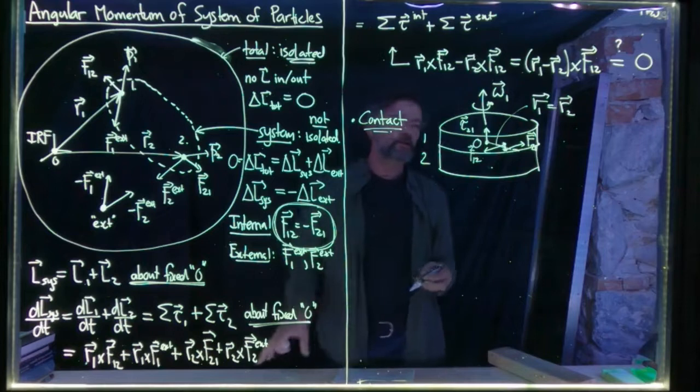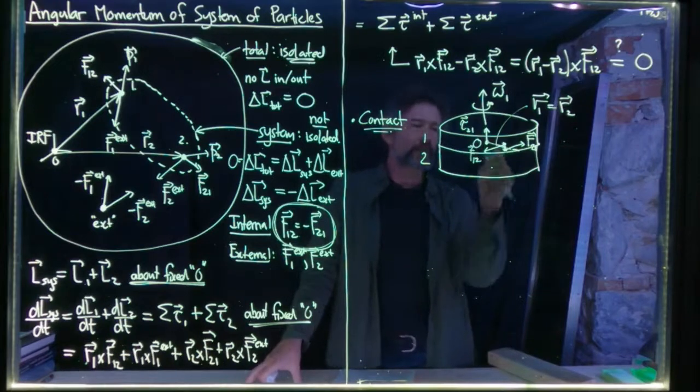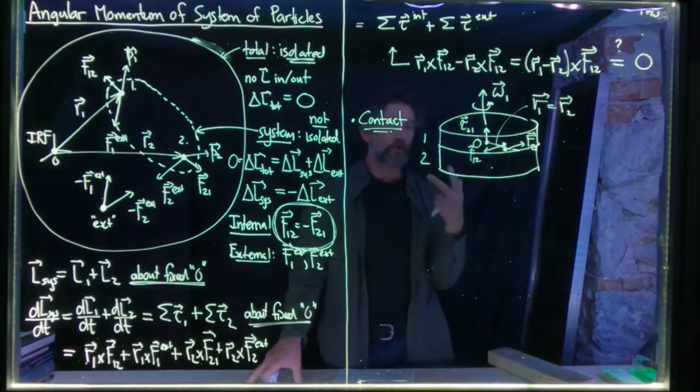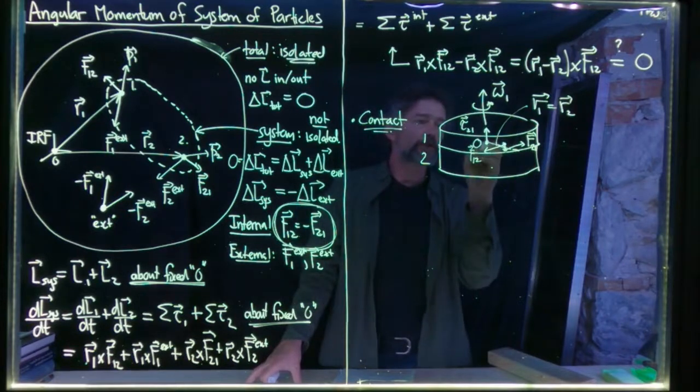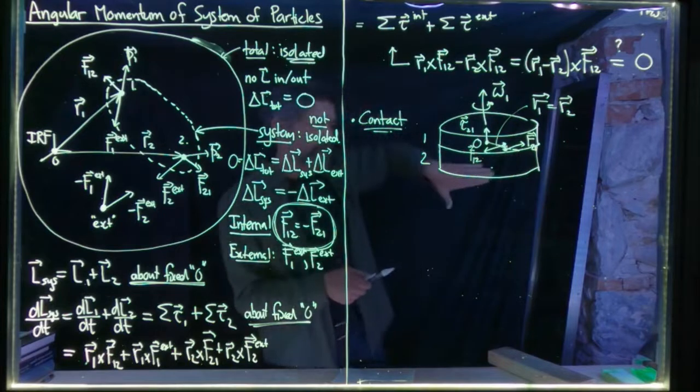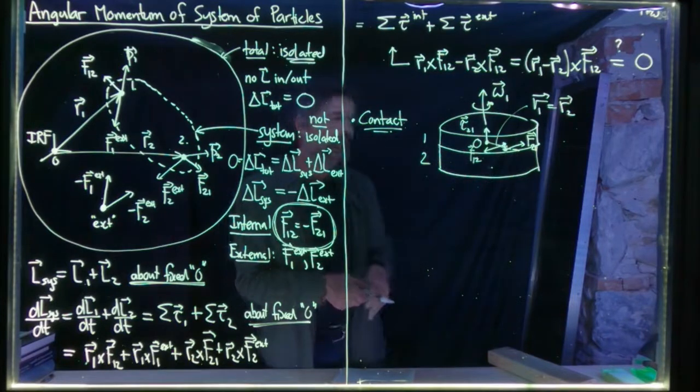Okay, and so then that force on particle number 1 applied at that point represents a torque exerted on disk number 1. And what's that torque? Well, it's going to be R1 cross F12. So R1 is in that direction, F12 is in that direction, so the torque is down.